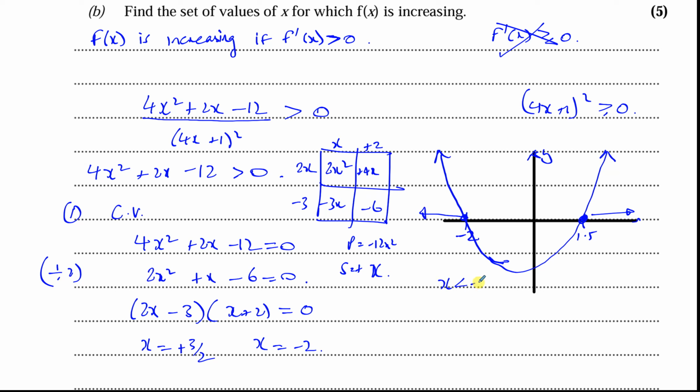So when x is less than −2 and when x is greater than 1.5, this is a set of values of x for which the function is increasing, where the gradient is positive. This represents f'(x), the gradient of the function against x. It gives a positive output when x < −2 and when x > 1.5.